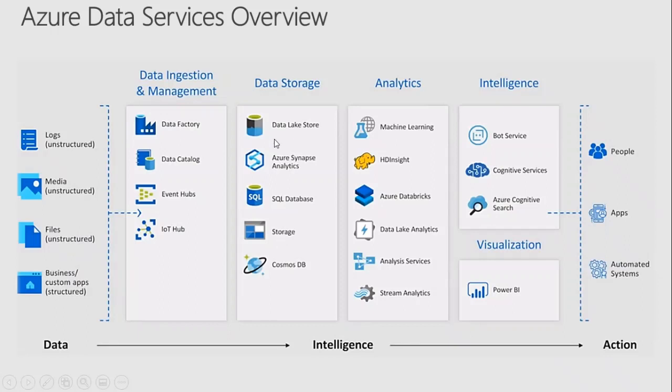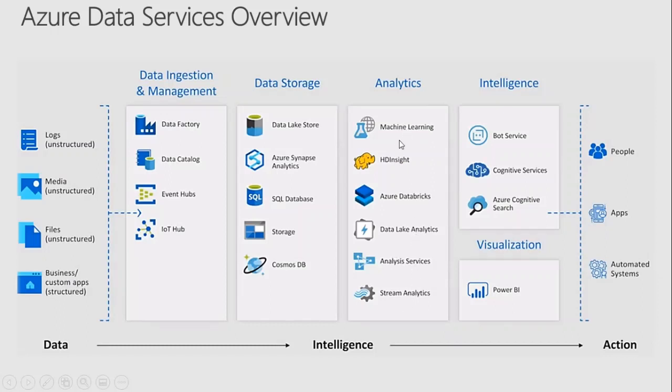Once we have our data in the cloud, let's say I need to do analytics. We can use machine learning, big data, Databricks, Data Lake Analytics, the traditional Analysis Services platform, or Stream Analytics. These are analytics platforms where we do some transformation or feed the analytics into the data.